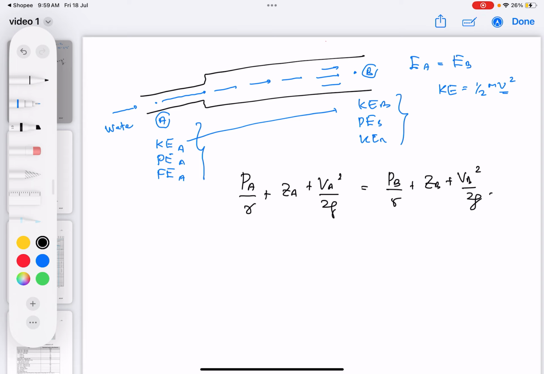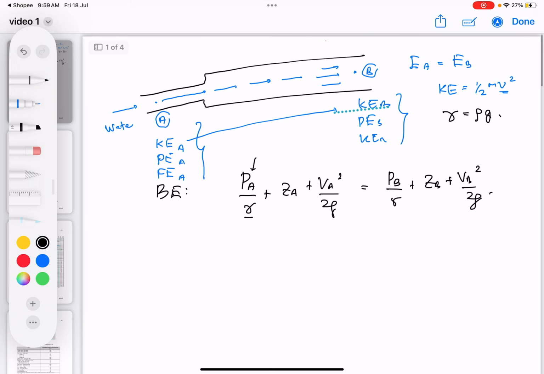Let's take a look at every single term inside Bernoulli's equation. In here, we have PA, which refers to the pressure at point A. And then we have gamma. Gamma is the specific weight, which equals rho multiplied by g. That's why sometimes we use rho multiplied by g instead of gamma.